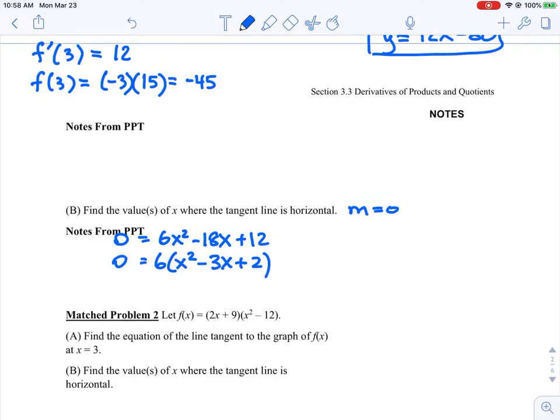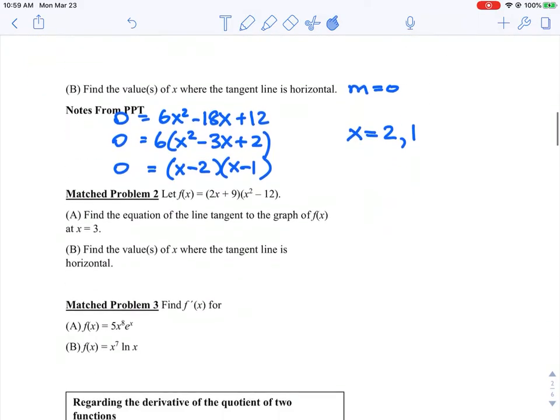And that 6, you just divide by 6, is still 0. And now I can factor x squared minus 2 minus 1, and setting them equal to 0. So the tangent line is horizontal at x equals 2 and x equals 1.